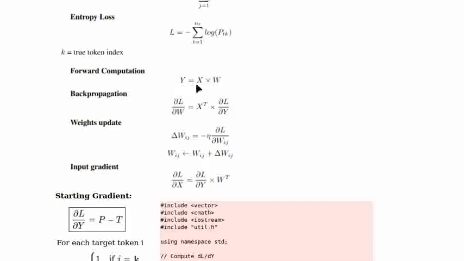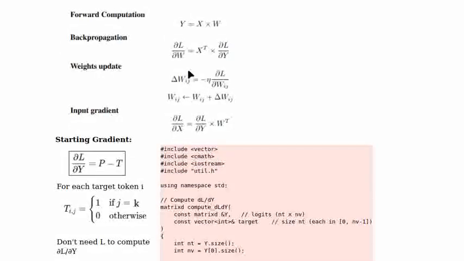Now, this is the forward computation. Y equals the input X times the weight W. Okay. Then the gradient, partial L partial W, is given by this formula, the transpose of X times the gradient of L with respect to Y. Okay.